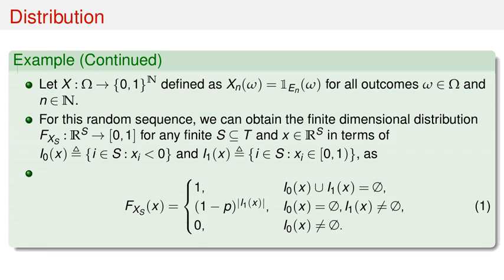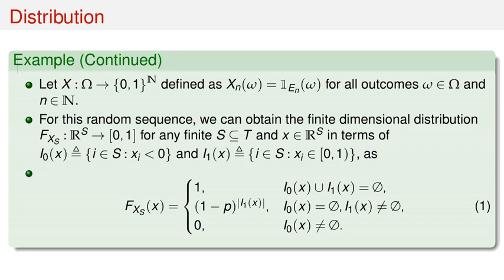Then f_X_S of x is 1 if both I_0 of x and I_1 of x are empty, i.e. all x_i greater than or equal to 1 for i in S. It is (1 minus p) raised to the cardinality of I_1 of x if I_0 of x is empty, but I_1 of x is not empty, all x_i greater than or equal to 0, and for those in the half open set [0,1), we need x_i equals 0, which has probability 1 minus p.